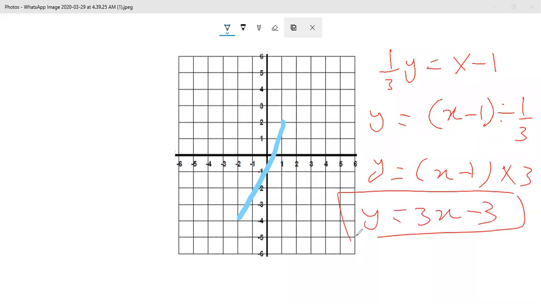I think you understand it now. Yes. Okay. So m equals 3 and c equals negative 3. So any hard questions? No.